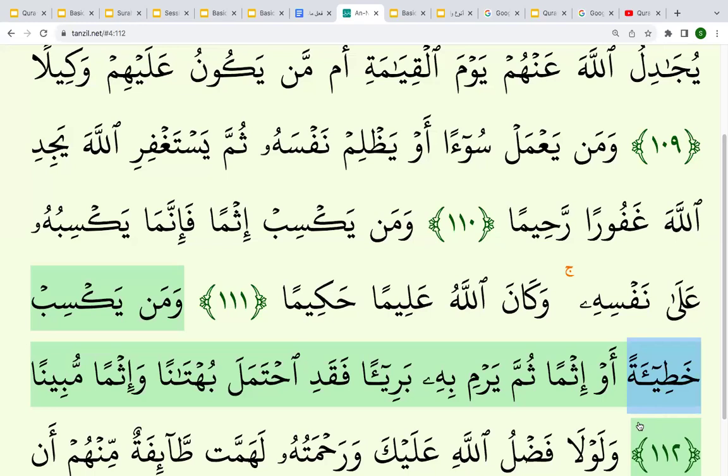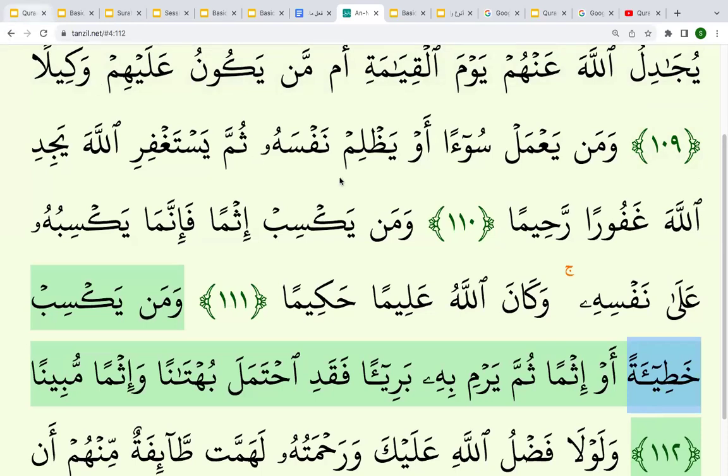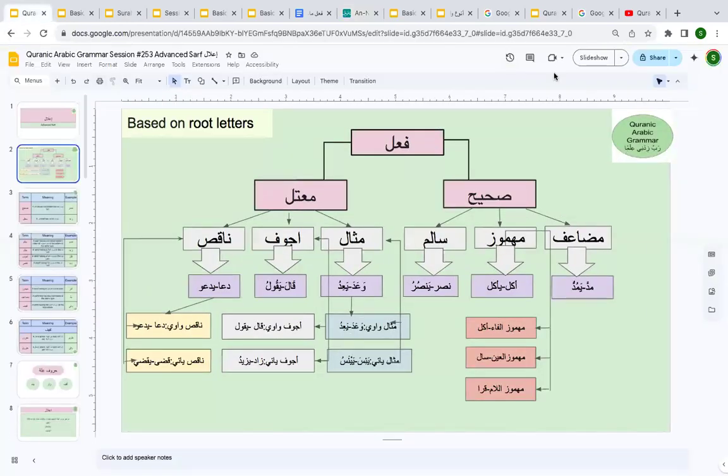And now I'm going to ask you, is it salim, sahih salim, or sahih mahmuz, sahih muda'af? What is it? So I think you already answered it. It is sahih mahmuz. And now the last question is further subclassify. Further subclassify.